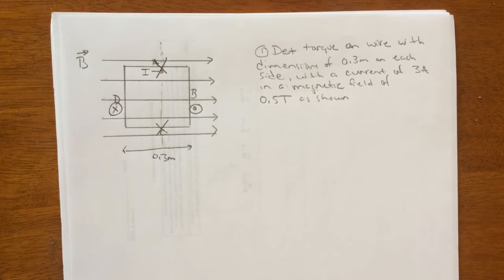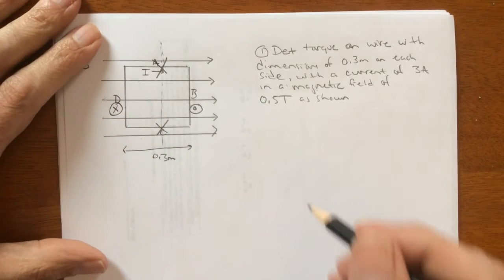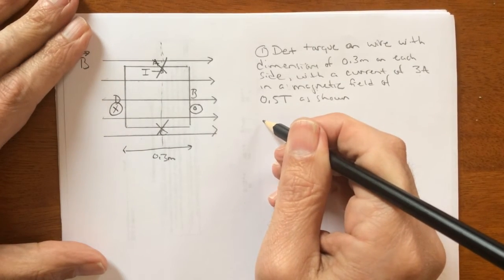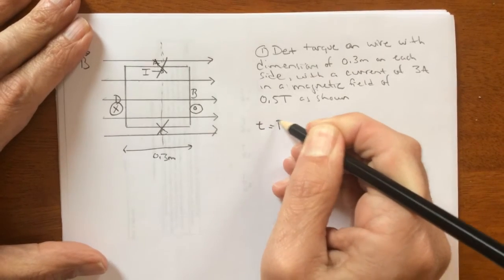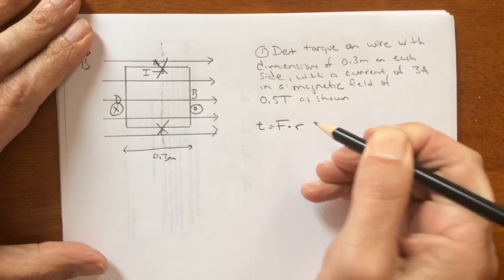There's two ways to solve problems like this. It's not really in your equation sheet. You can derive it, but it's kind of easy money, right? Because you know from your veteran experience in AP Physics 1 that torque is force times radius.